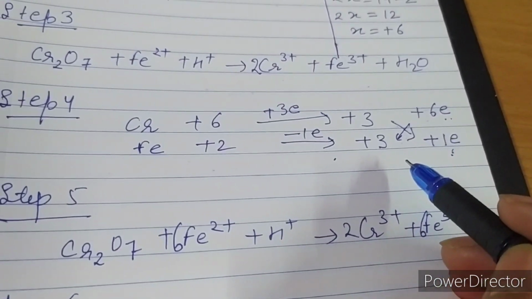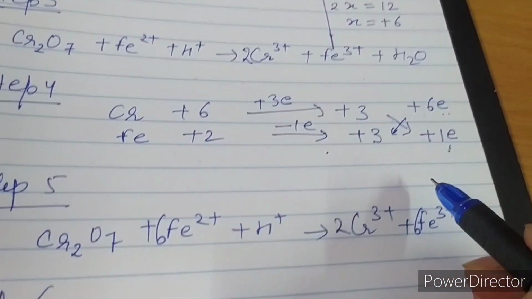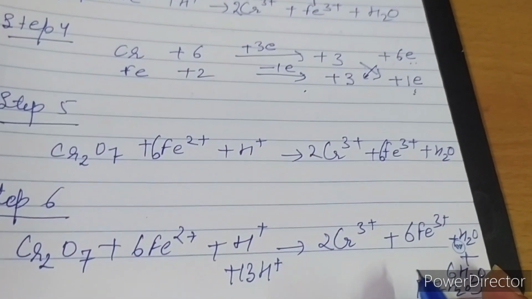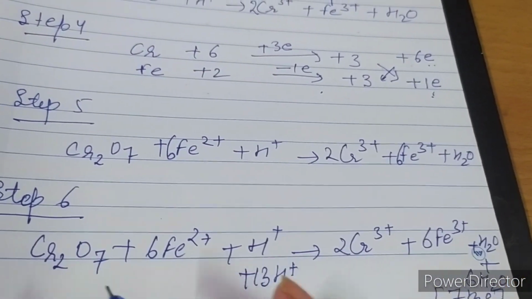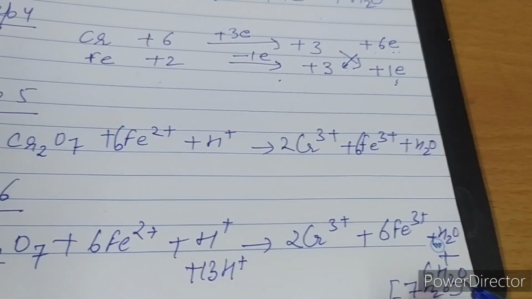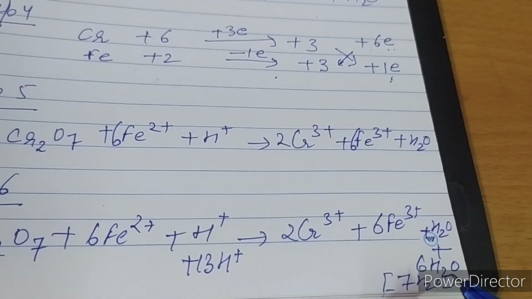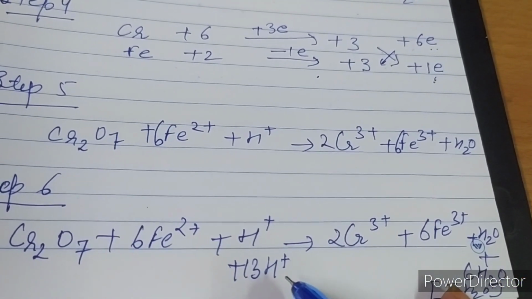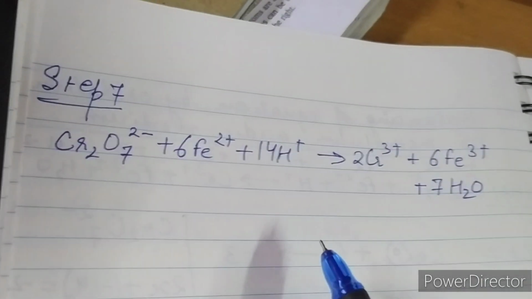Like here the coefficient for iron was 6 and for chromium it was 1, and I have multiplied it in the entire equation. And then if it is carried out in acidic medium, we have to balance the oxygen atoms by adding the correct number of water molecules on the right hand side, and similarly hydrogen atoms will be balanced by adding the suitable number of hydrogen ions on the left hand side, and you will get the complete balanced equation.